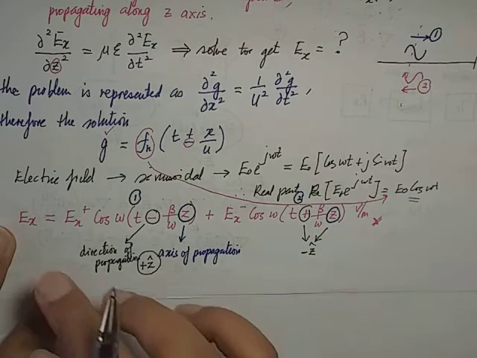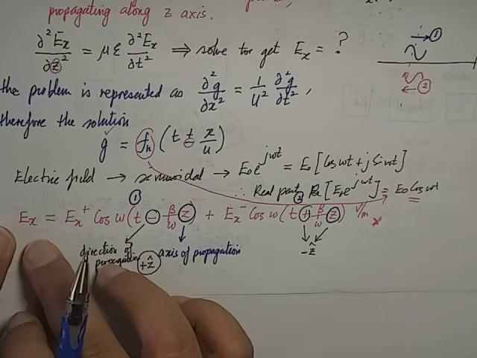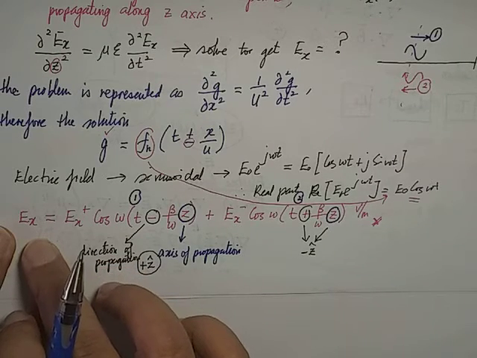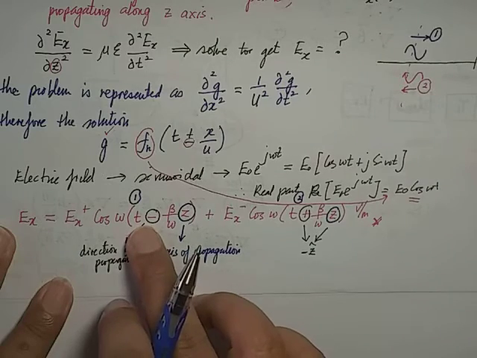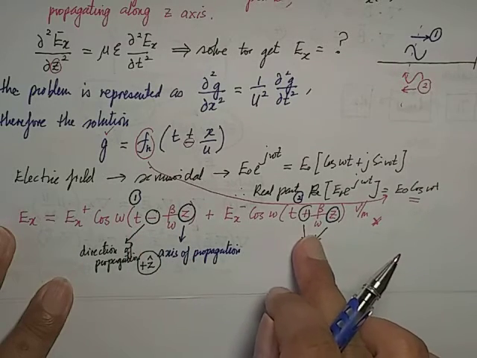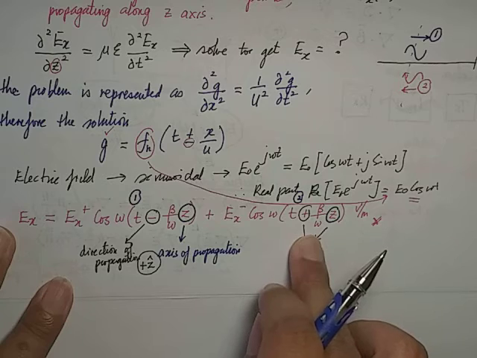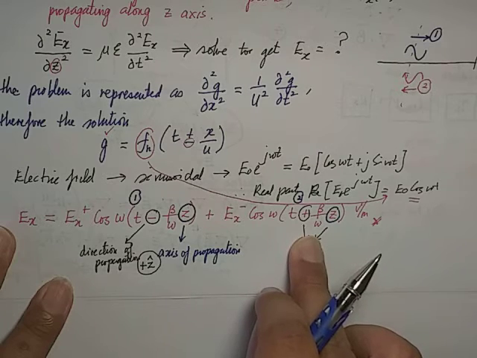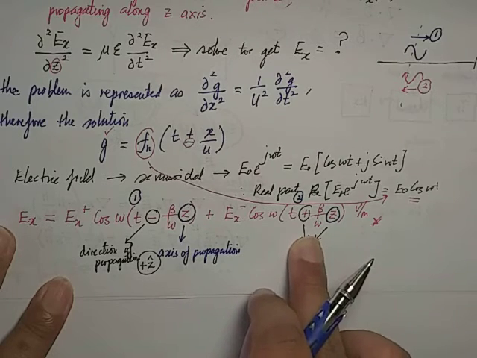So what this solution says is that E contains a combination of wave 1 plus wave number 2. That should be our general equation of the E wave in the medium of interest.